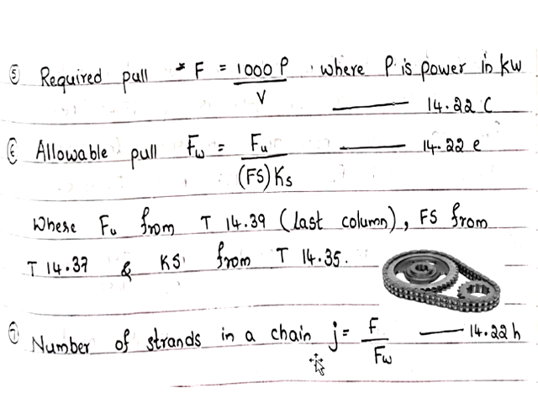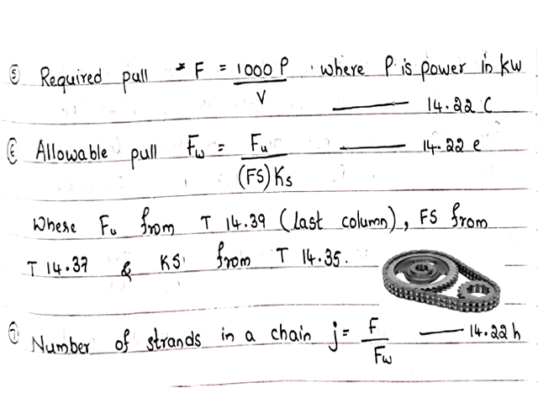Number of strands in a chain means, if you consider this diagram, sometimes to transfer a certain amount of power, we cannot transfer that power with the help of one single chain. So if the amount of power to be transmitted is more, we have to use more than one strand as shown in the figure. In this figure, two strands are shown. So to calculate the number of strands required, you can use the equation F by Fw.